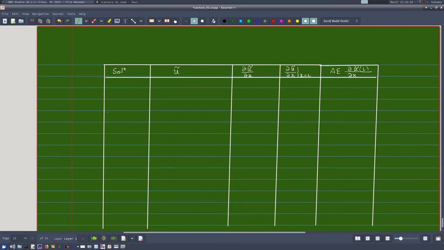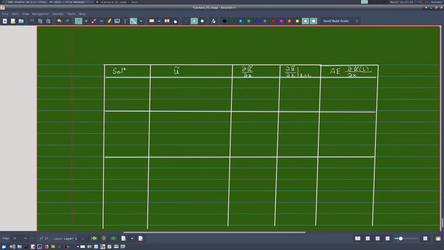So first the linear solution, then we'll write quadratic, and then we'll write the cubic solution. All right.